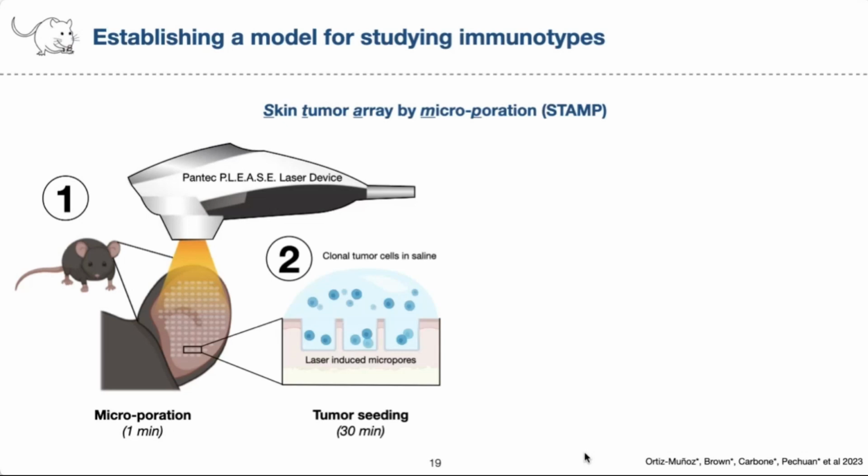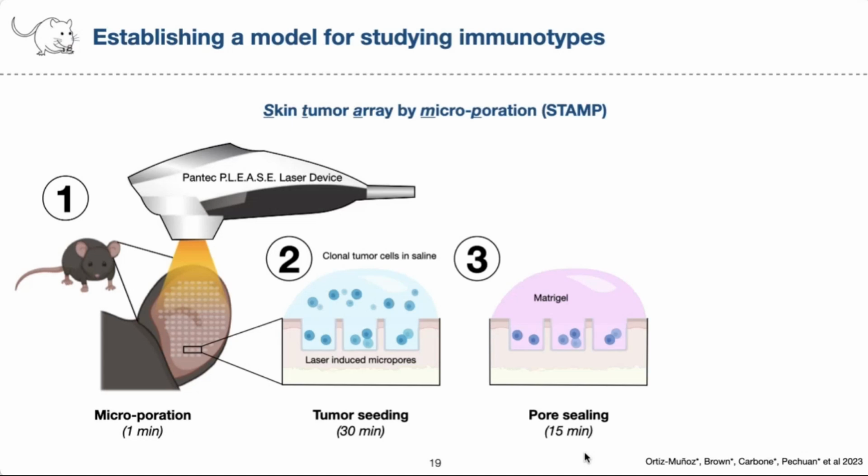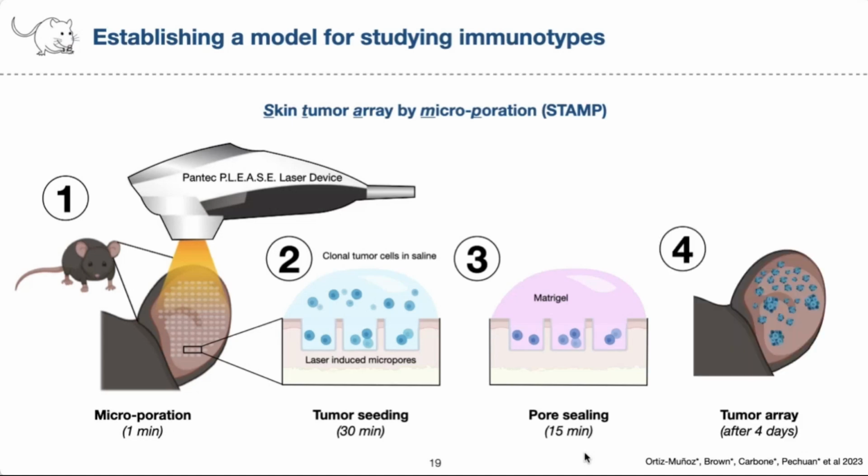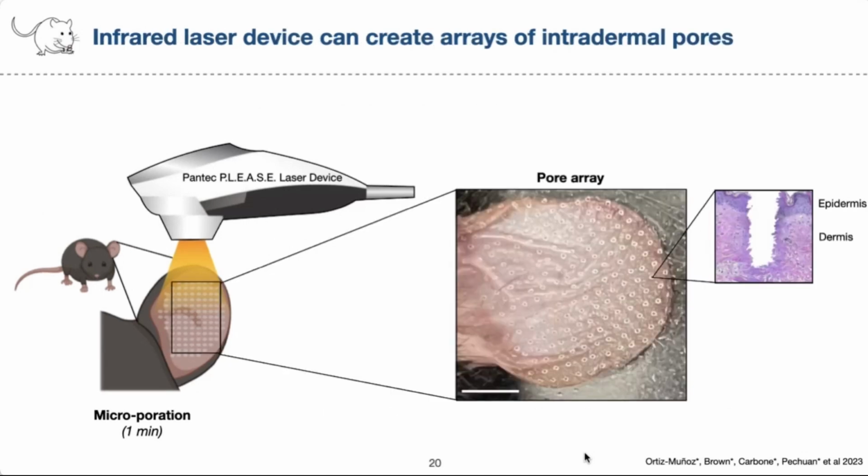You can see we create these pores, then apply a solution of tumor cells in saline. These can also be treated with Matrigel, and after about 4 to 7 days, we can come back and image these tumor arrays. This is an example of what these arrays actually look like, showing the implantation of tumor cells into these pores in the dermis of the skin of the mouse ear.